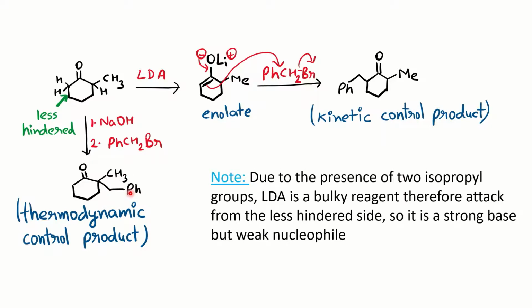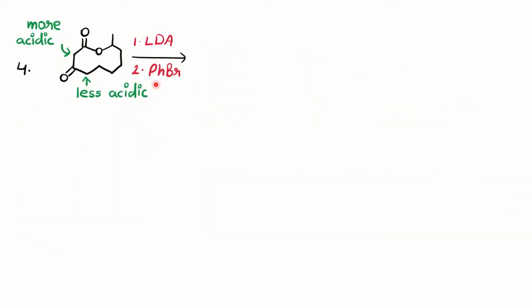So you have to keep this in mind, and this is the rule I have already mentioned here. Due to the presence of two isopropyl groups, LDA is a bulky reagent and attacks from the less hindered side. It is a strong base, but a weak nucleophile. This example proves that it is a weak nucleophile.